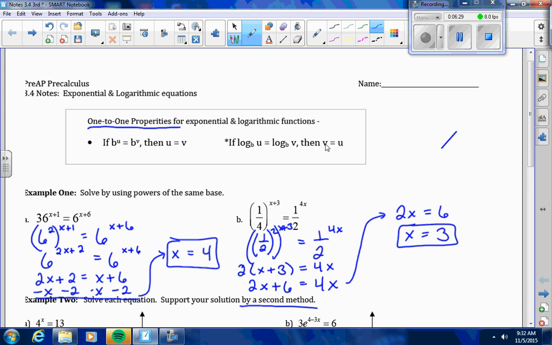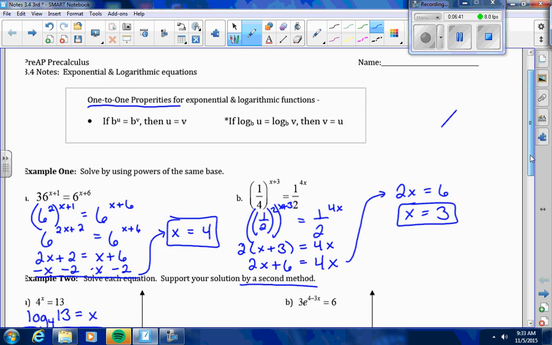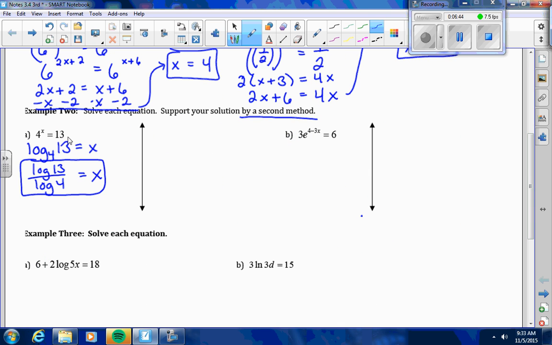We have the u and the v equaling each other. So I can go backwards and say, well, it's the log of u equaling the log of v. So basically what I'm doing is I'm going to be taking the logarithm of both sides of this equation. So to do that, we say log of 4 to the x equals log of 13. And we're using that same property from up above.